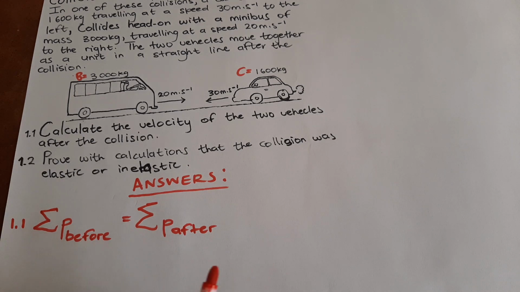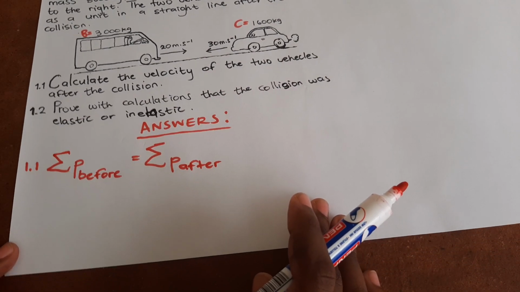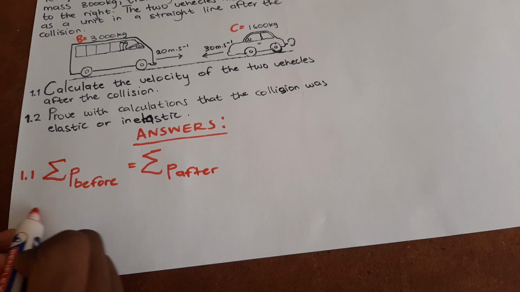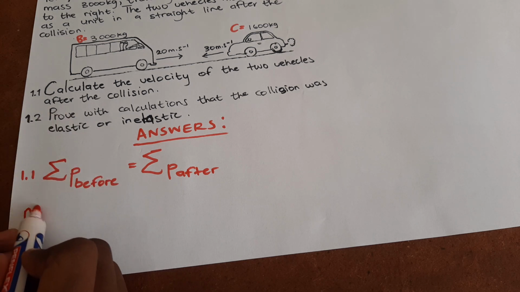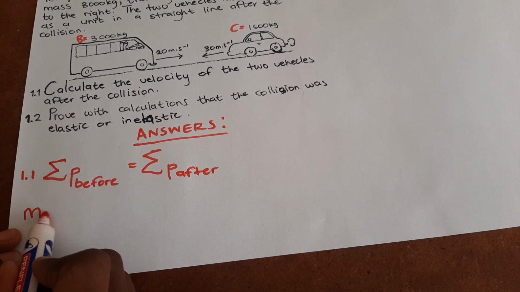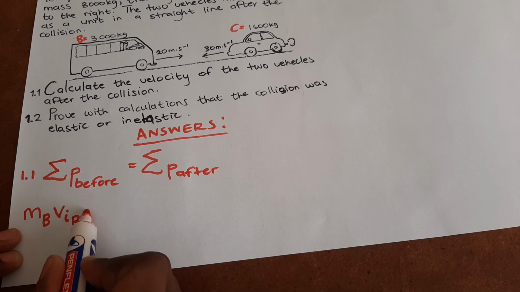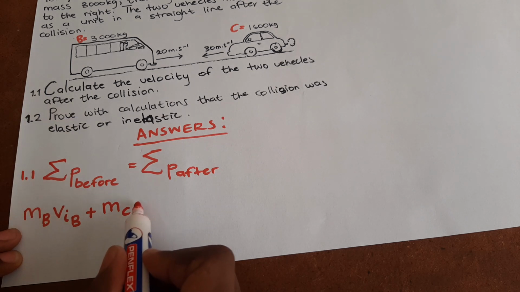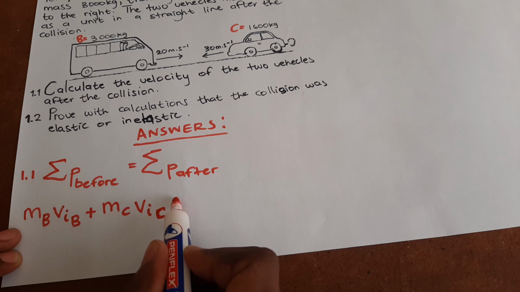So we have the mass of the bus, let's start with the bus, multiplied by the initial velocity of the bus, plus the mass of the car multiplied by the initial velocity of the car.